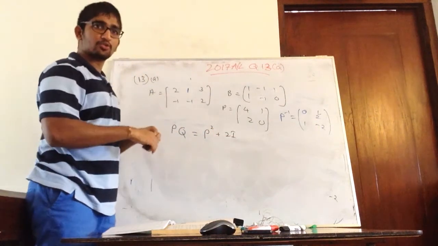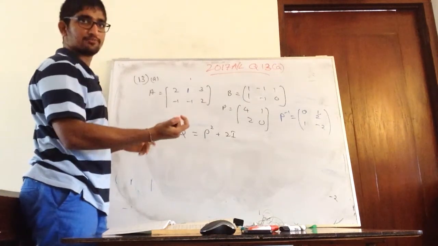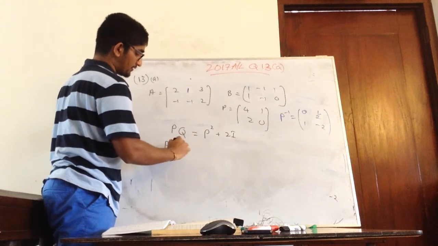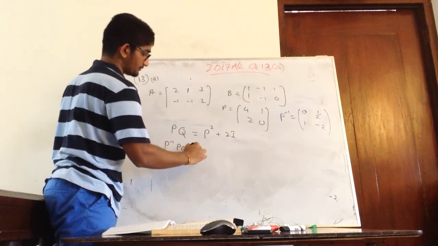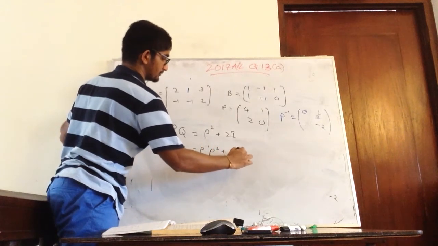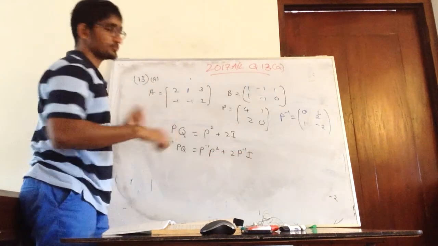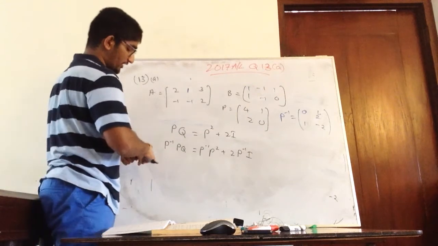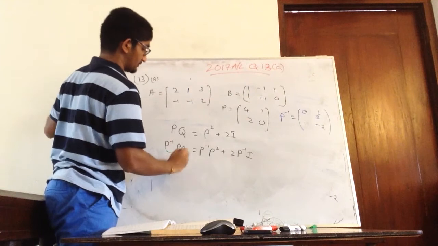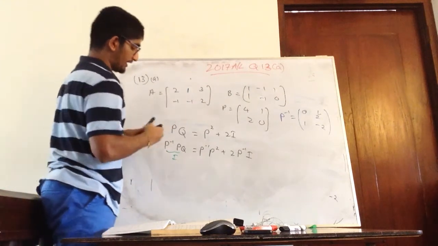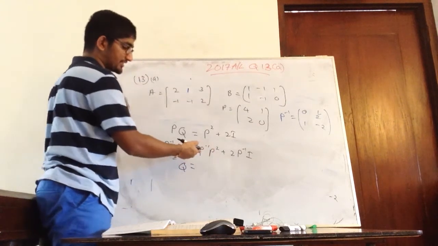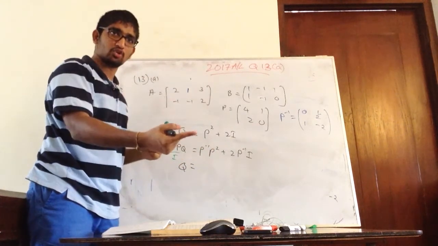So now because we know P inverse, we can actually use it here. So what I'm going to do is I'm going to put P inverse to every part now. Right? So here this will become I. Then I will get Q. So here this is basically P inverse P into P now.